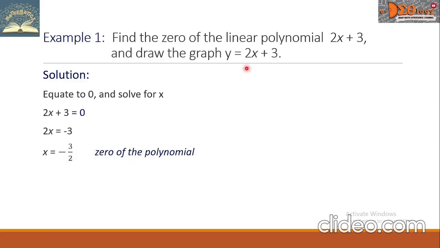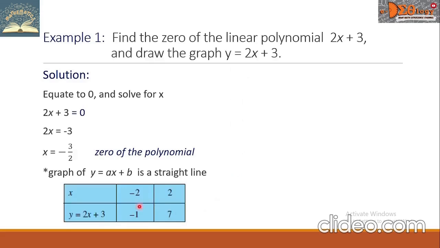Now, let us graph our line, y equals 2x plus 3. We know that the graph of y equals ax plus b is a straight line. To graph this line, we're going to put some values for x, and eventually we will get the value for y. Suppose we assign x equals negative 2.